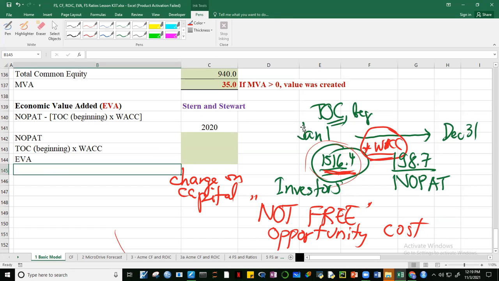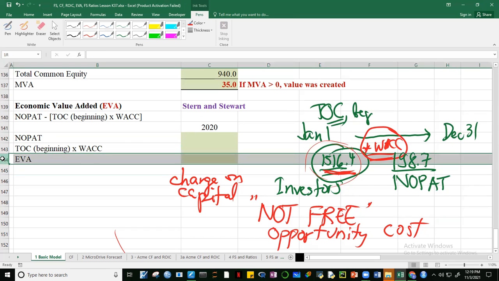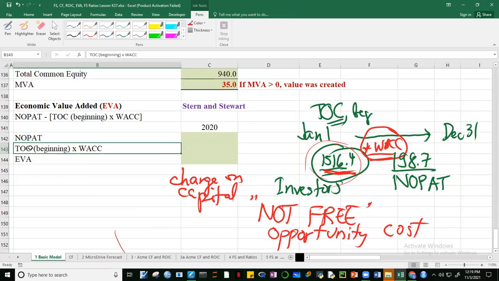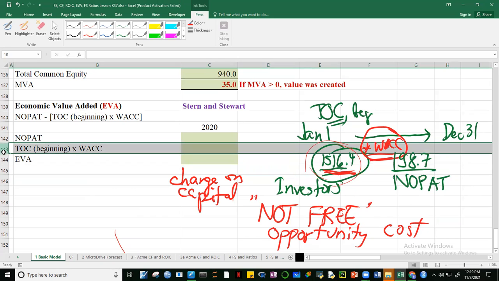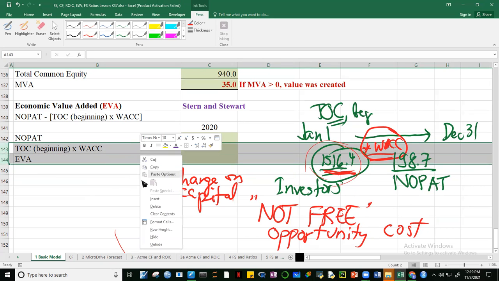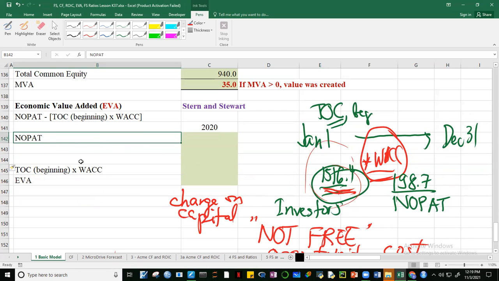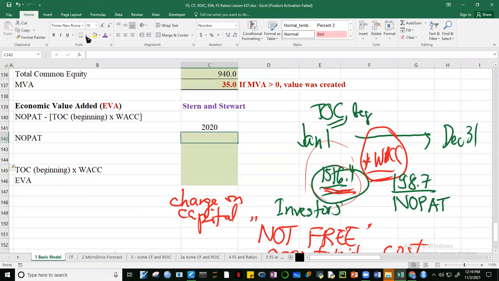Okay, first, let's insert something here. Let me insert two lines here. Dito na lang, I'm going to insert two lines here. So we have here NOPAT. We'd like to know if the company was able to generate value for the shareholders.